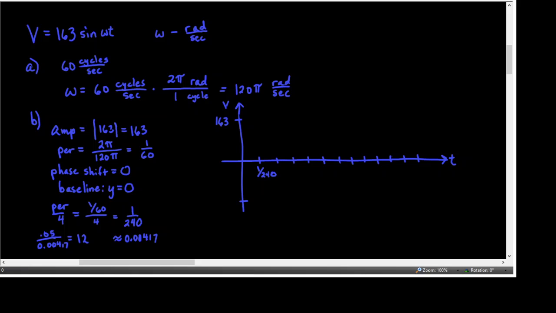All right, so I think I'm ready to graph. The sine of 0 would be 0. So the next mark will be at the high, middle, low, middle, high, middle, low, middle, high, middle, low, middle.